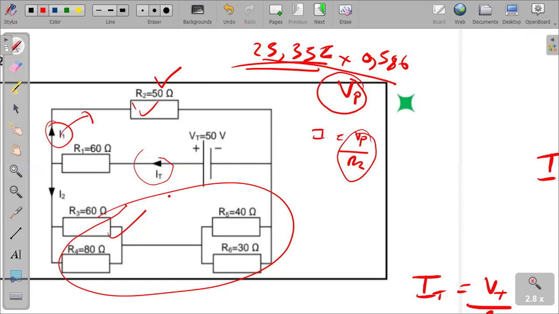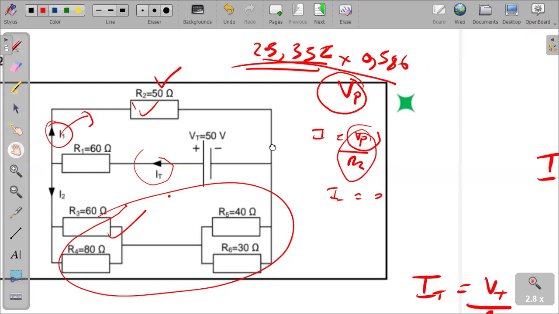We will still find I1. If we do the same again for I2, where will we have gotten this VP from? From calculating 25.352. Why 25.352 specifically? Because it is the effective resistance of the parallel branch. Okay, so it's another way again.